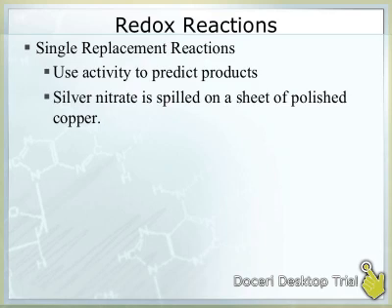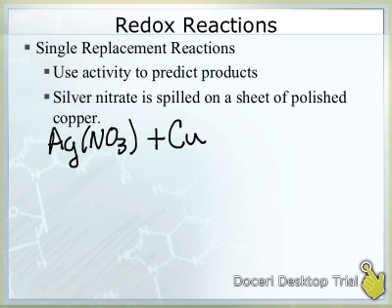So when I rewrite this, I'm going to rewrite it as Ag. Silver nitrate is spilled on a sheet of polished copper. We all know that at room temperature, copper is in what state? Solid.